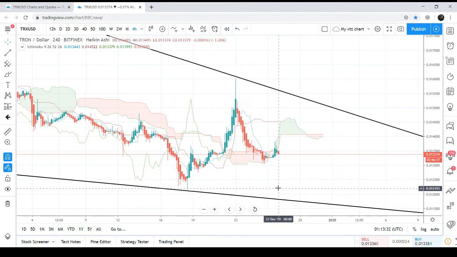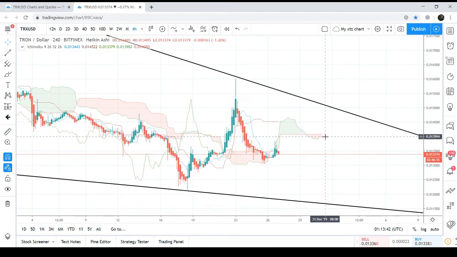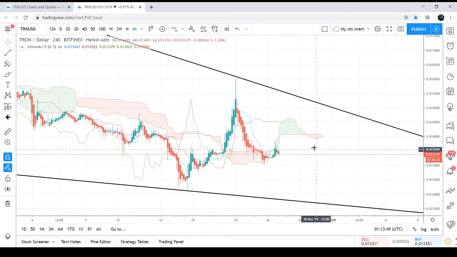After that, it will completely cross up this Ichimoku cloud again. And we have a very weak bearish cloud here, and it will not be difficult for the candlesticks, or for the price action, to cross up the cloud next time.